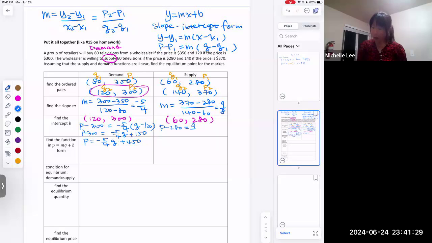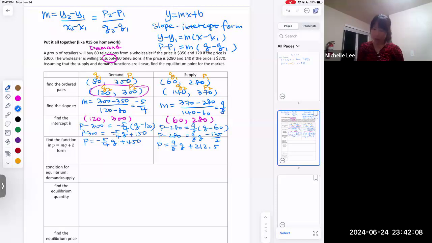If we calculate, p minus 280 equals 9/8 q minus 135/2. So we add the 280 to both sides. So we have p equals, using decimals, 9/8 q plus 212.5.